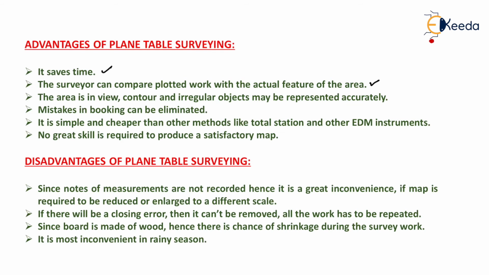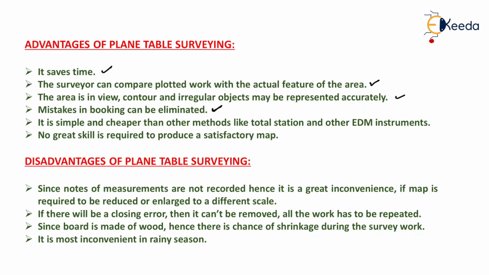The next one is that the area is in view, so contours and irregular objects may be represented accurately. If the whole area is in view, then we can locate the contours as well as the irregular objects accurately on our sheet. Mistakes in booking can be eliminated because in plane table surveying we do not record any type of reading in our book.